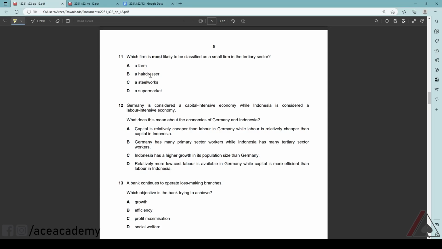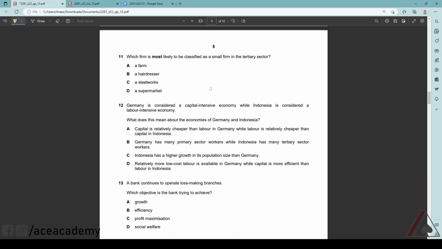B, a hairdresser. It does provide service, so B can be your answer. C, a steelworks. It is manufacturing, so it's the secondary sector. So C is not the answer. D is a supermarket. It does provide you service, but it's not just service.